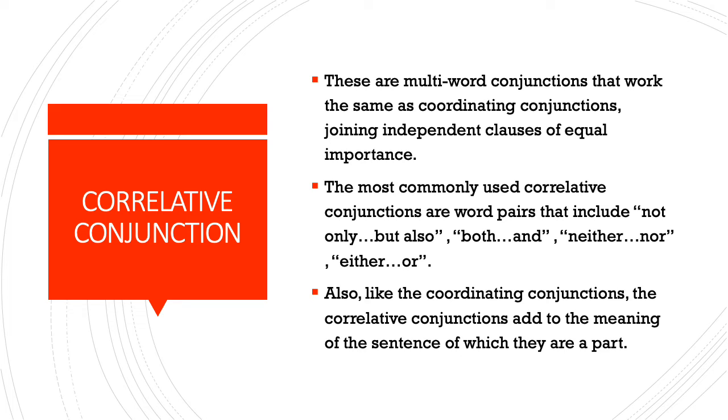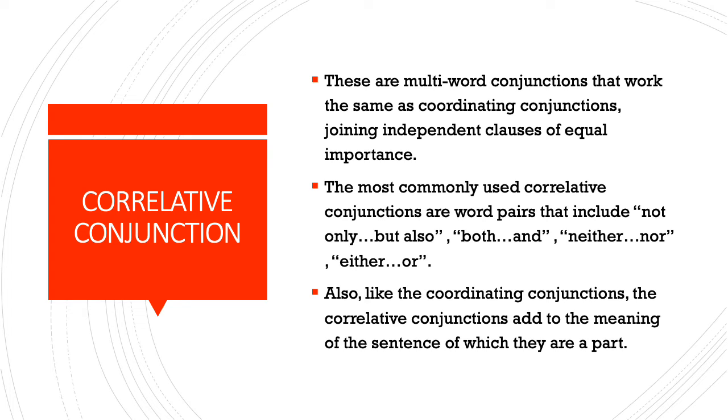in the coordinating conjunctions we have seen FANBOYS: for, and, but, or, so, yet, right? These are single word conjunctions, but correlative conjunctions are multi-word. They have more than one word, and they are used in pairs.